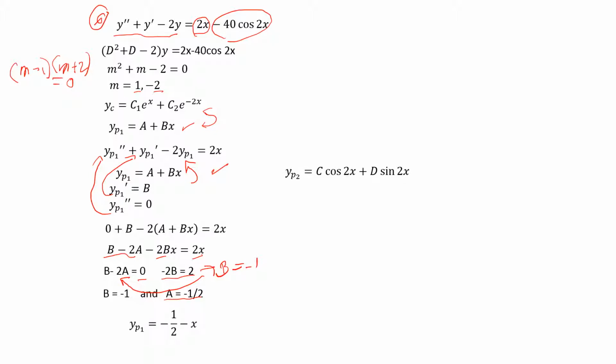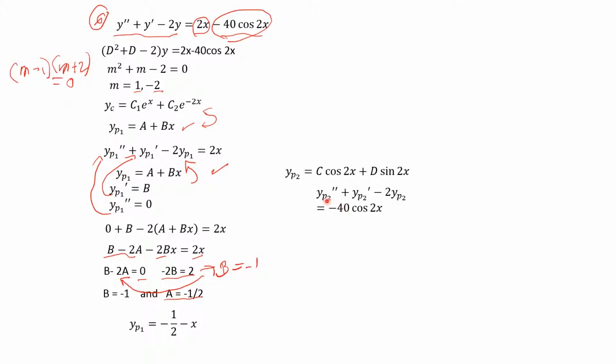Now your yp2 will be based on this one, negative 40 cosine 2x. Your trial yp2 is c cosine 2x plus d sine 2x. Now compare it with the complementary solution. Are there similarities? There's none, so we will accept that yp2 is c cosine 2x plus d sine 2x. We will have to determine c and d, since yp2 should satisfy this differential equation with the right side negative 40 cosine 2x.